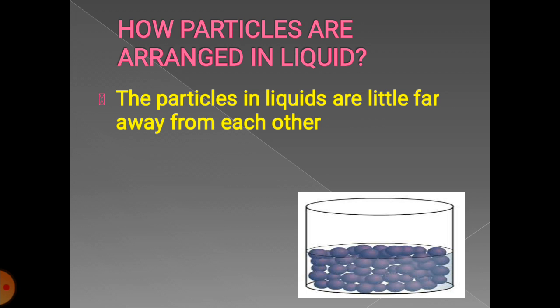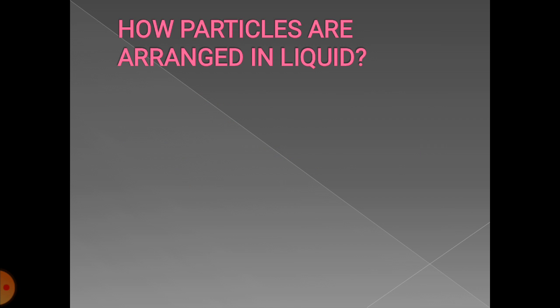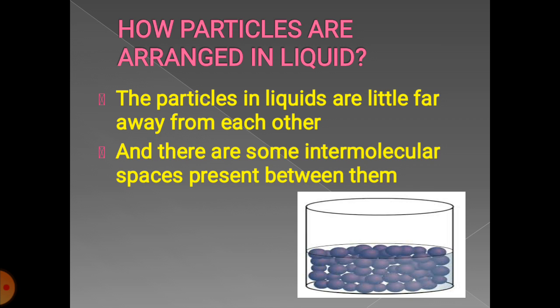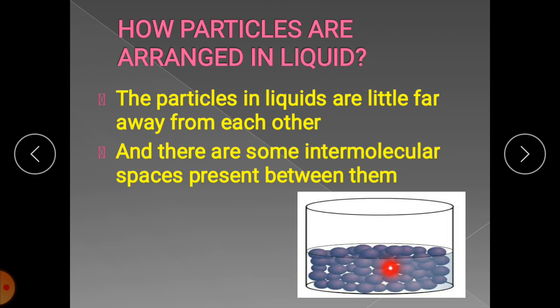Now how particles are arranged in liquids? You know that particles of liquids are far away from each other as compared to solid. Okay, and there are few spaces present between them. Here you can observe few spaces between them.